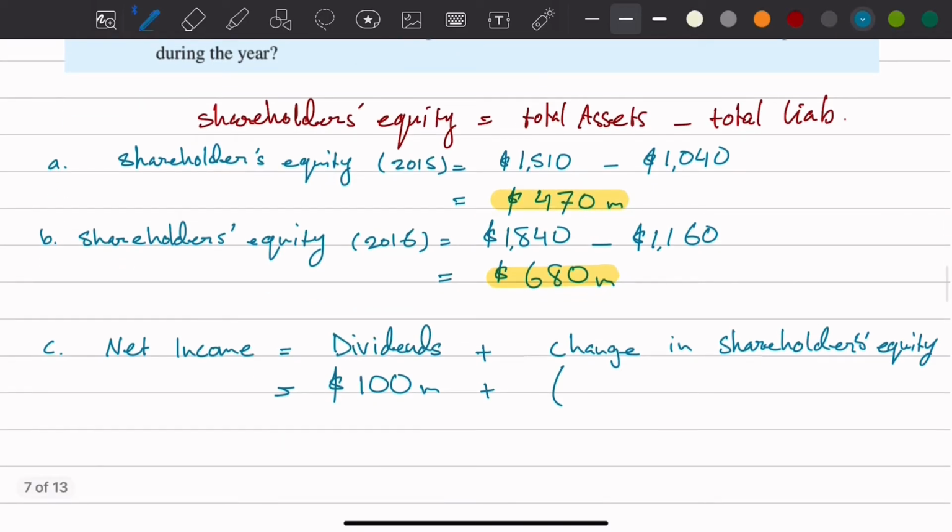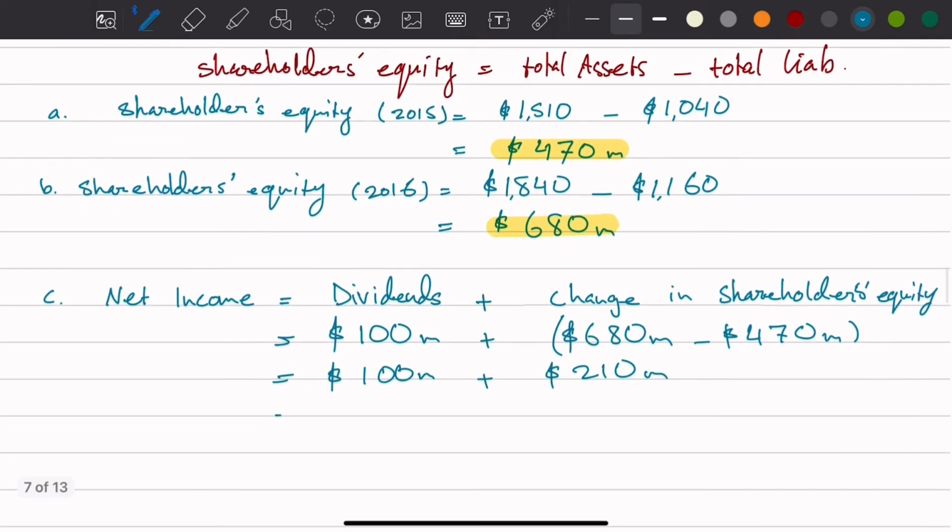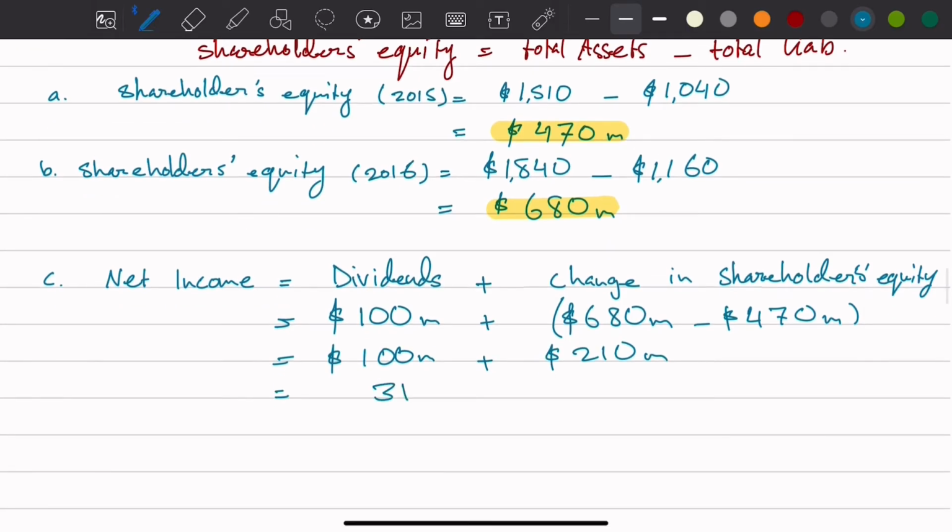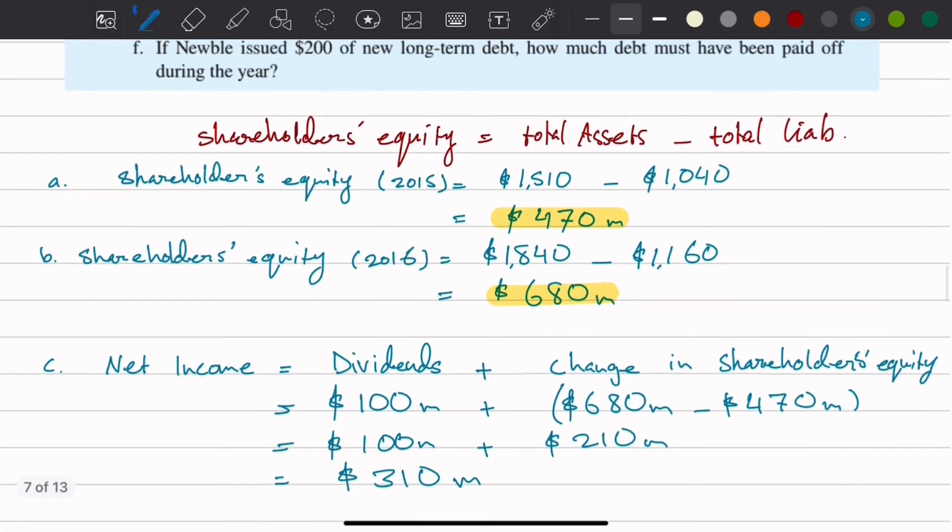So we're going to say 680 million minus 470 million. That means net income will equal 100 million plus 210 million, and that would be $310 million. I hope that is clear. That would be the answer to part C.